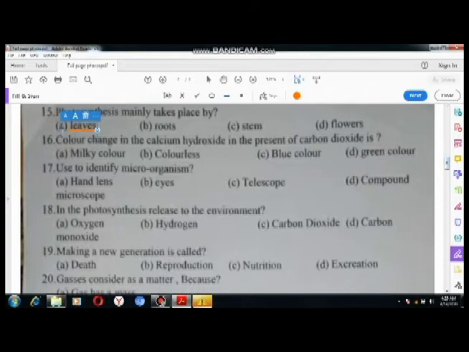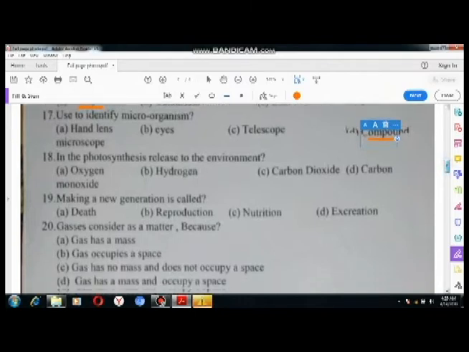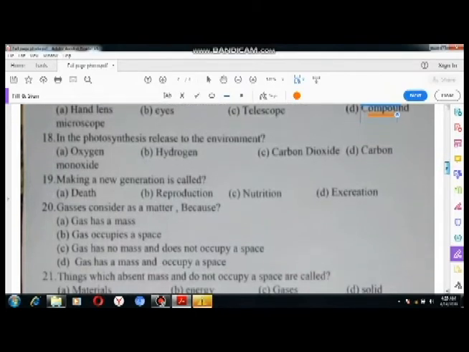Used to identify microorganisms. A compound microscope is used to identify microorganisms in our laboratory. So answer D. In the photosynthesis released to the environment, we already know carbon dioxide gas is used for the photosynthesis process, and also oxygen gas is released to the environment in the photosynthesis.